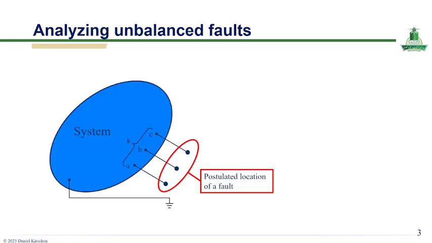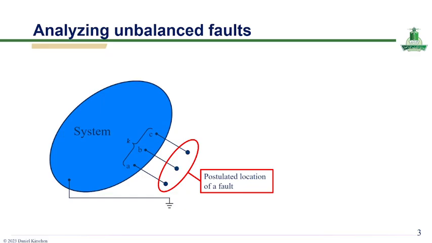Okay, this slide illustrates the concept of locating and modeling an unbalanced fault within a three-phase power system. The system is represented as a single equivalent network where the three phases labeled A, B, and C are shown explicitly.